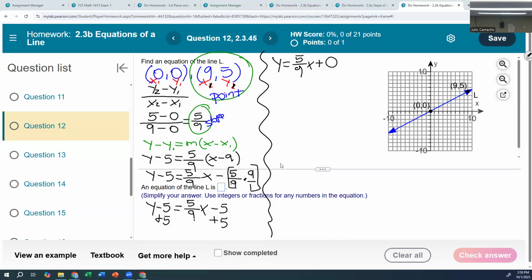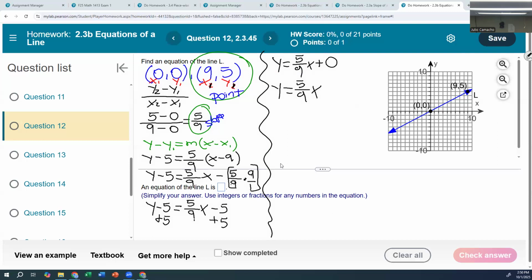And you know that this line is crossing the origin. This equation, simplified, will be y is equal to 5 over 9x. And first of all, the slope is positive, and that matches the line, because the line that you see on the wall has a positive slope.